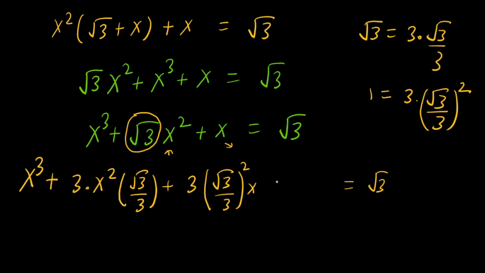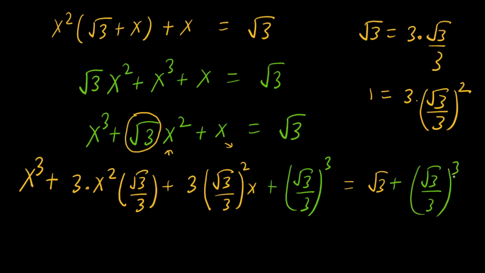Now if we add (square root of 3 over 3) whole cube on both sides, on the left hand side let's suppose this x is a and square root of 3 over 3 is b.